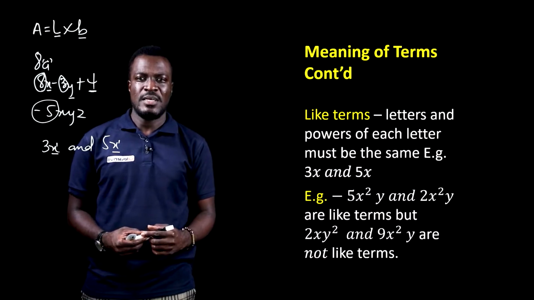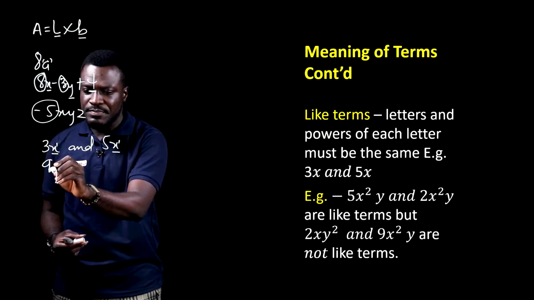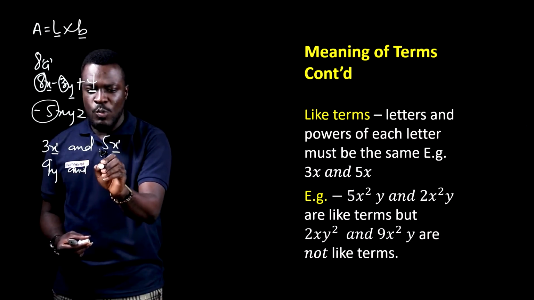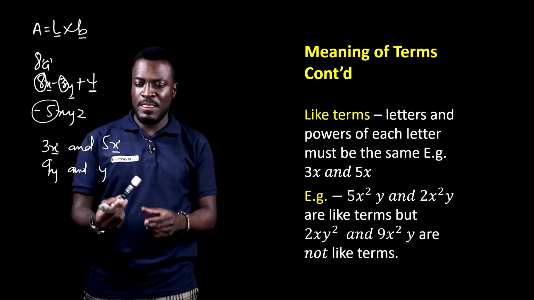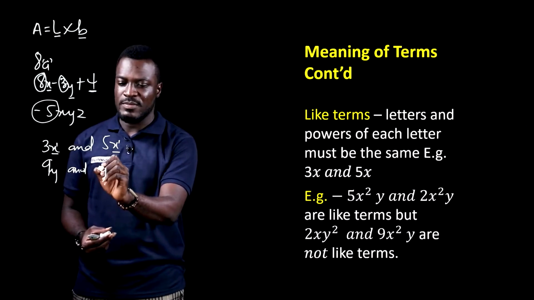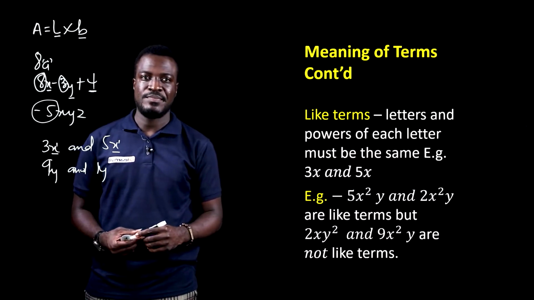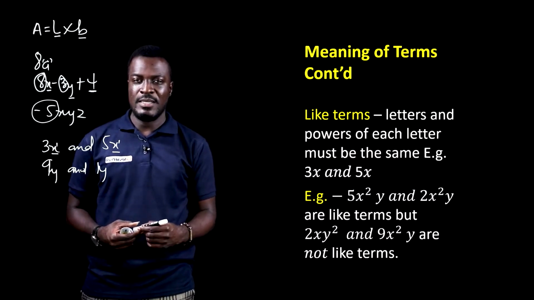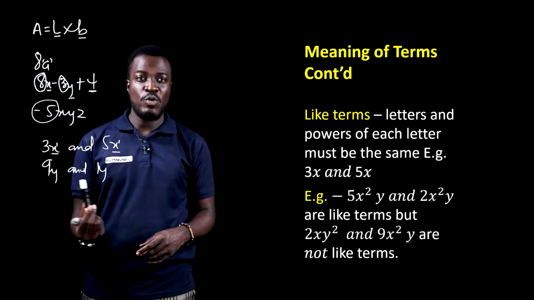Hope you understand. Or if we have 9y and y, these are also like terms. This has a coefficient of 1, so it is not written. So y is the same as 1y. Now, note that in like terms, we focus on the variables.